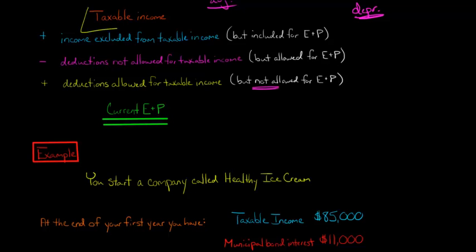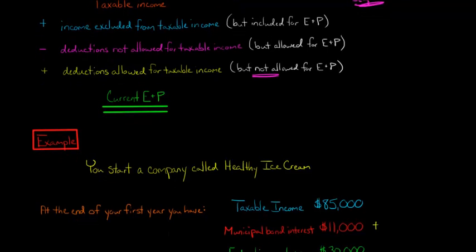So when we calculated that taxable income of $85,000, we did not include this municipal bond interest of $11,000. When we go to calculate the current E&P, this is income that was excluded from taxable income, so we're going to have to add it back. We're going to add municipal bond interest.